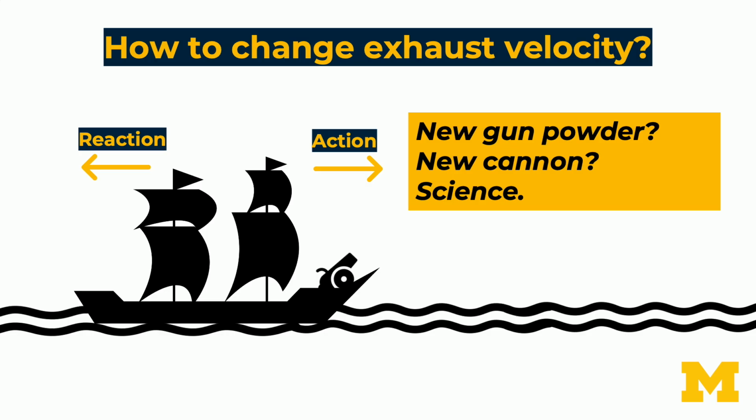So in order to change the exhaust velocity, the velocity of the cannonball coming out, that's where rocket science actually comes in. One of the big things that happens in rocket science is work to try to increase the exhaust velocity. How can we shoot a cannonball faster? That is a lot of the effort that goes into rocket science.